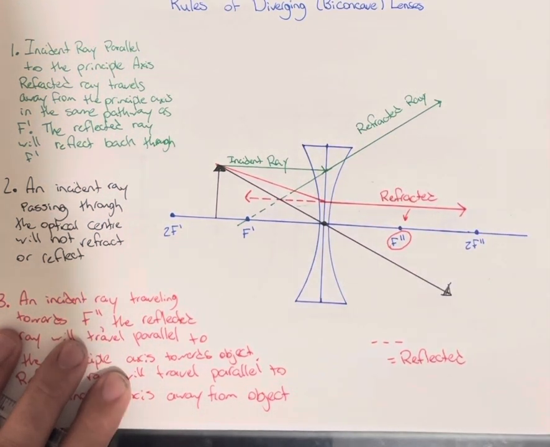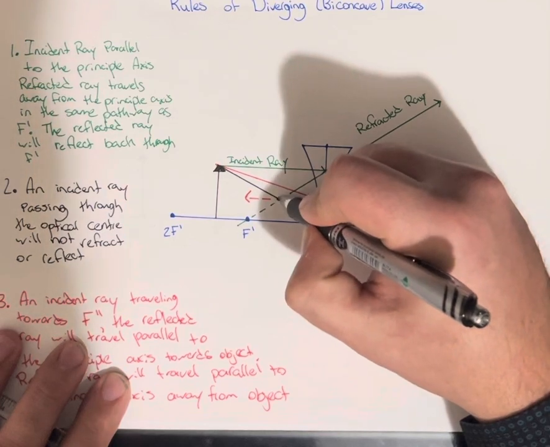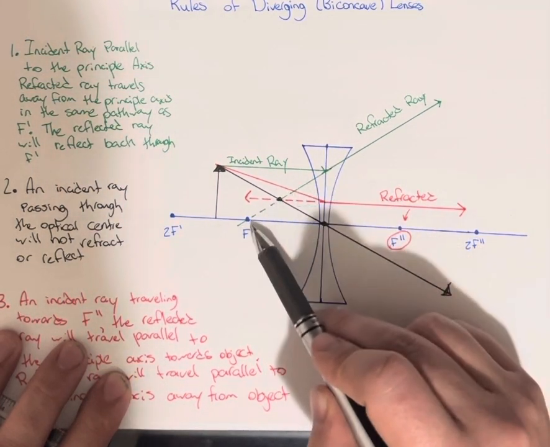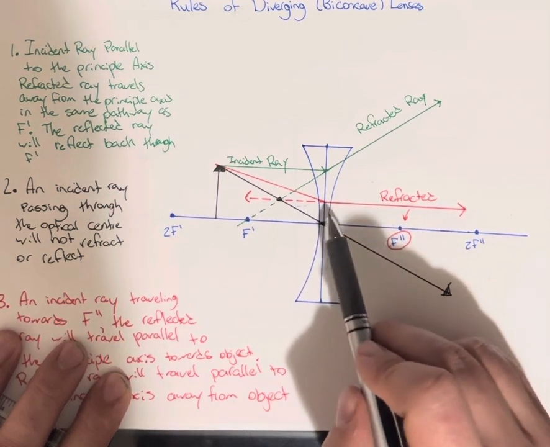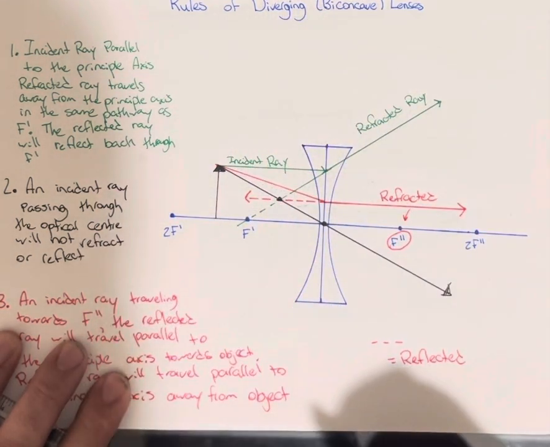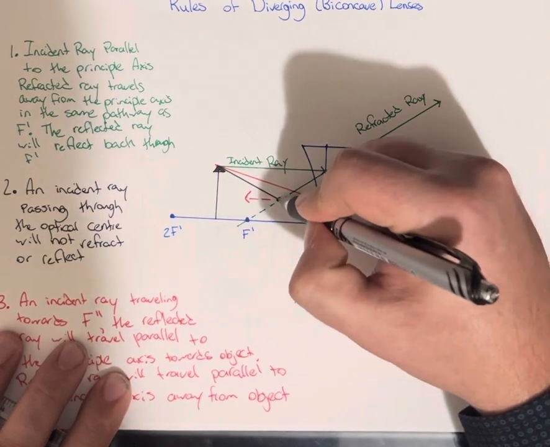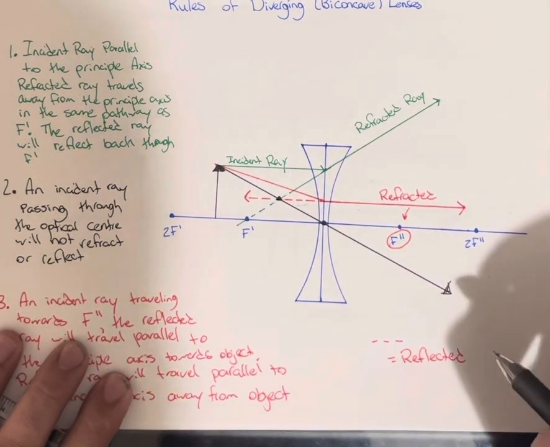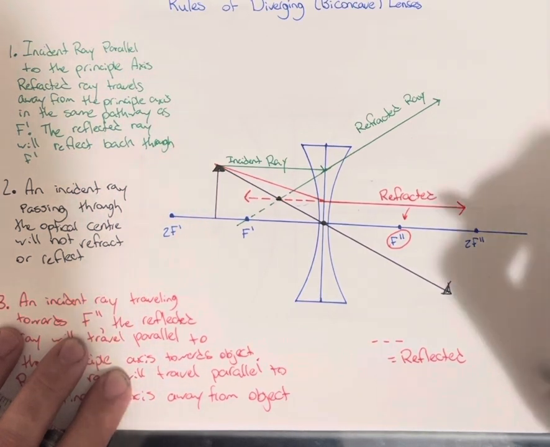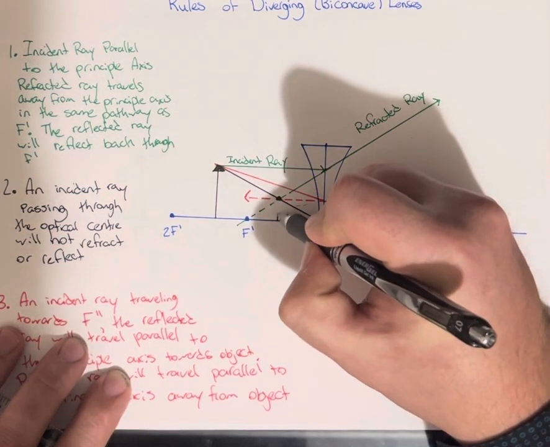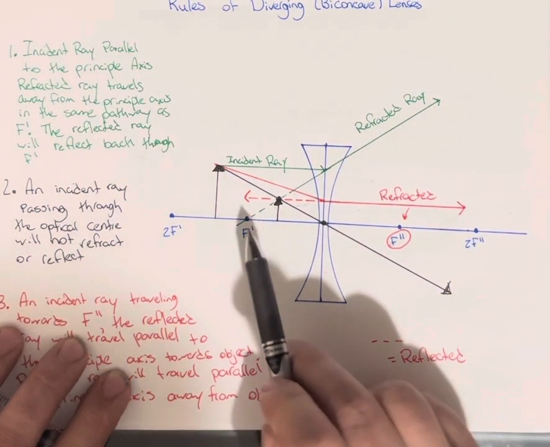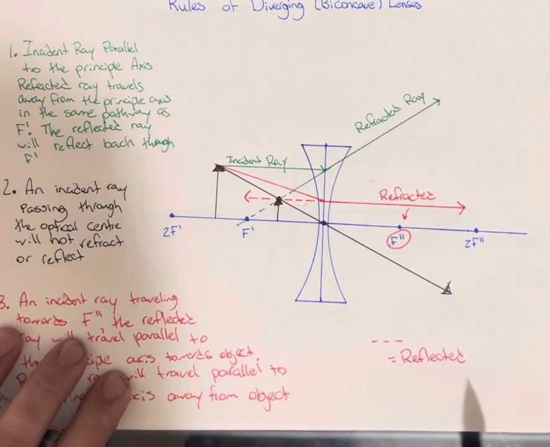If I look on the same side of the lens, I have the reflected ray from step 1, the reflected ray from step 3, as well as the incident ray from step 2, and all of those are going to converge at one specific point. That is going to represent where our image is going to be located. So my image will be right here with the point of the arrow being at the location where all three of those lines converge.